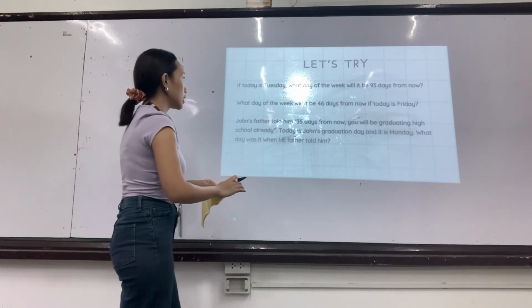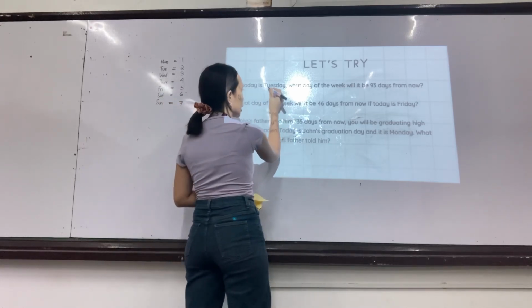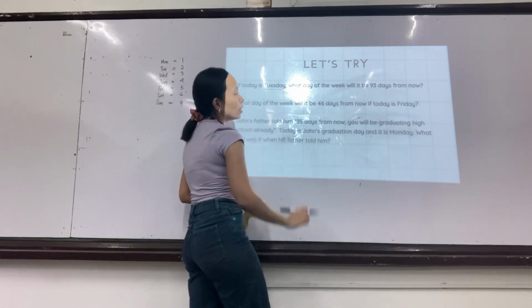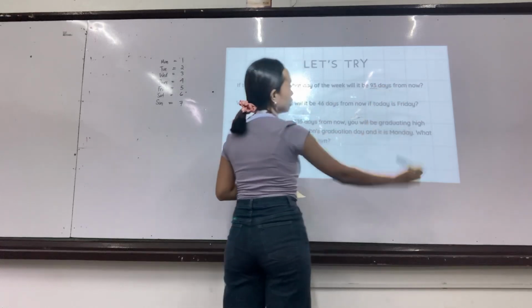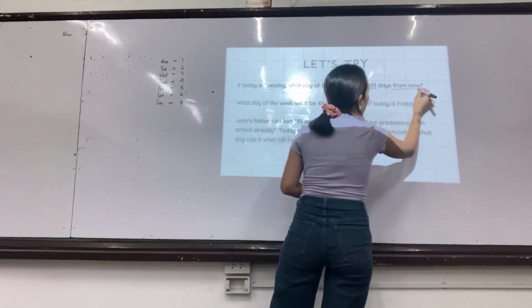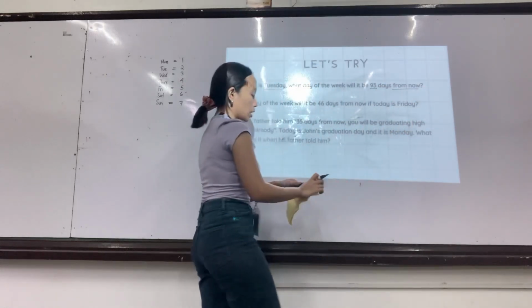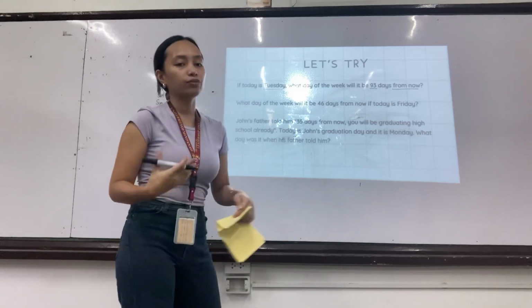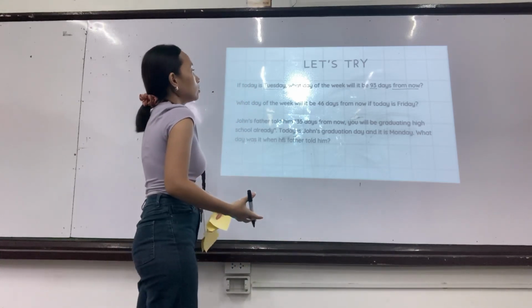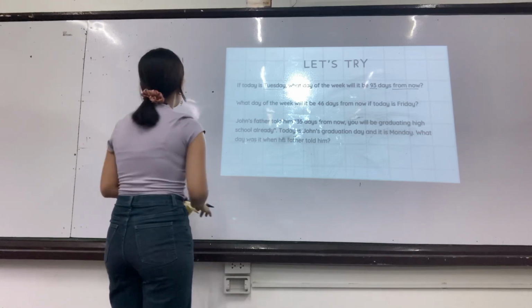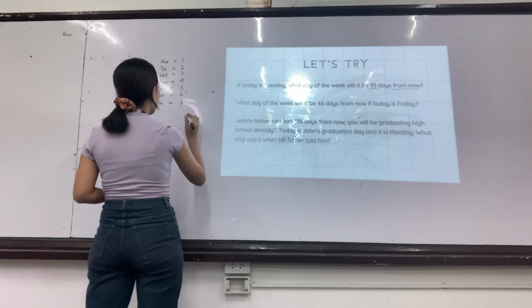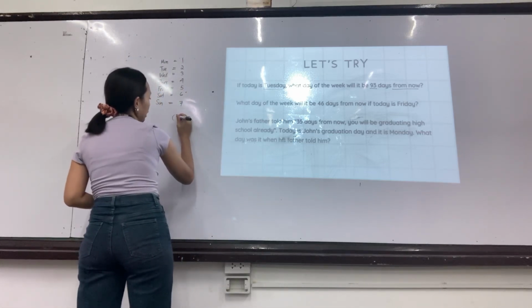So the given here is if today is Tuesday, what day of the week will it be 93 days from now. So from the words from now, we are dealing with after. Okay, so we are using the addition operation for this one. So Tuesday is denoted as 2.